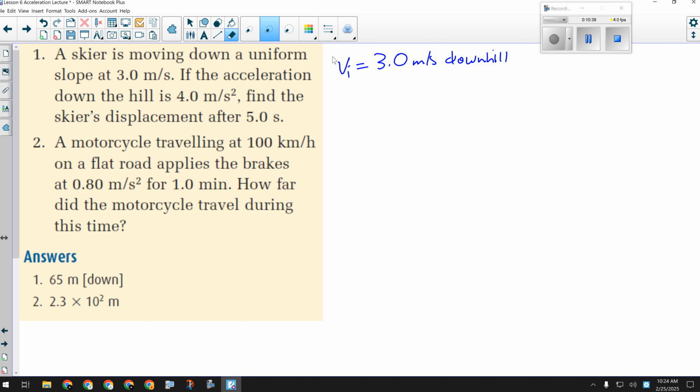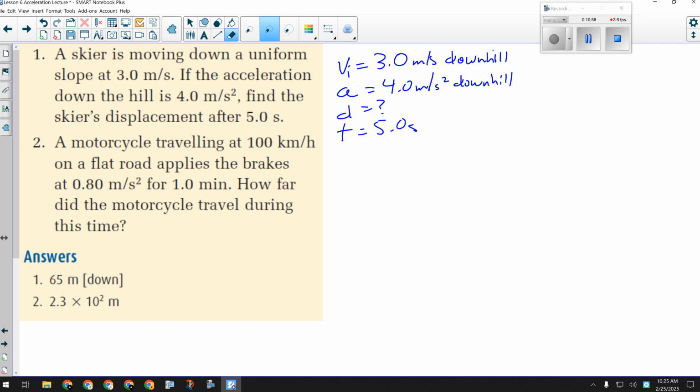If the acceleration down the hill is 4 meters per second squared, so that would be this. Find the skier's displacement after 5 seconds.